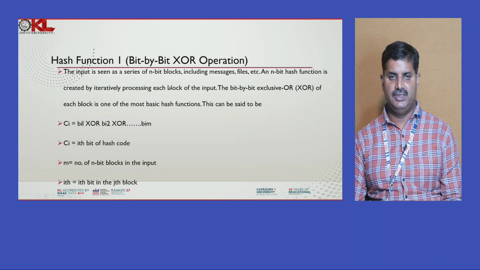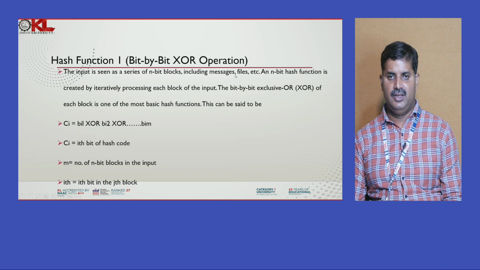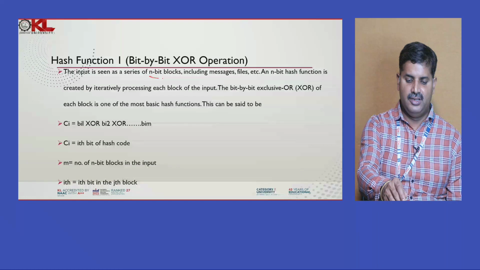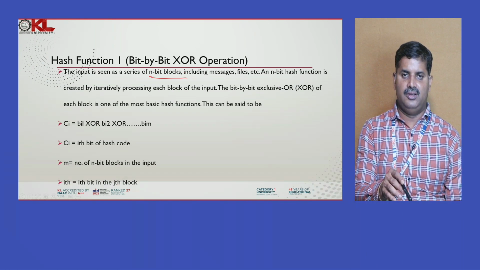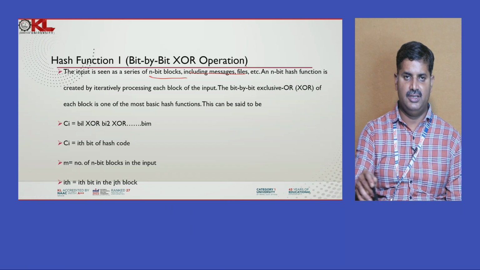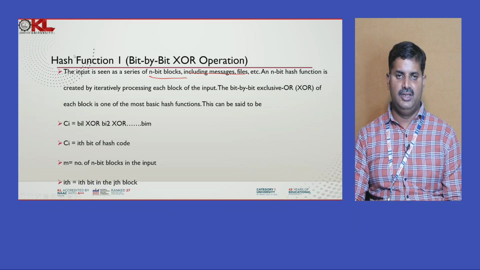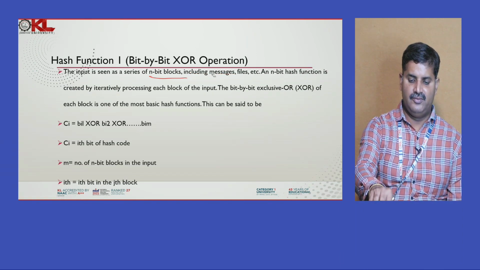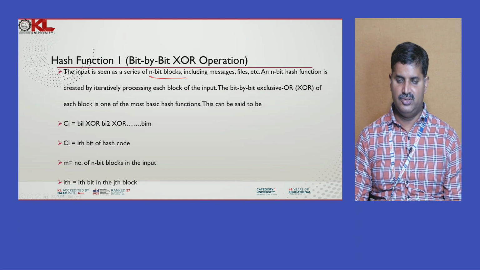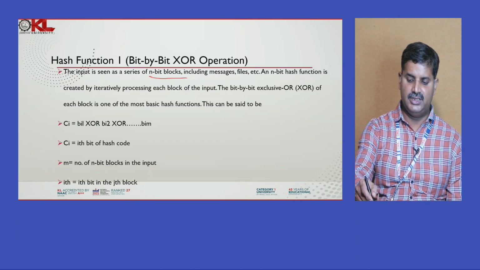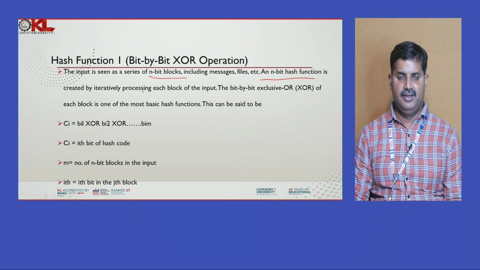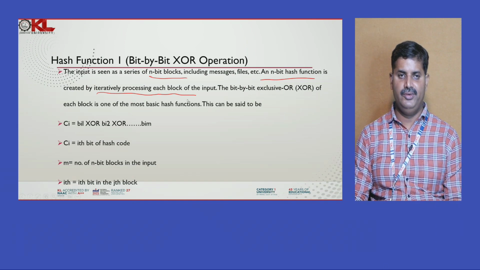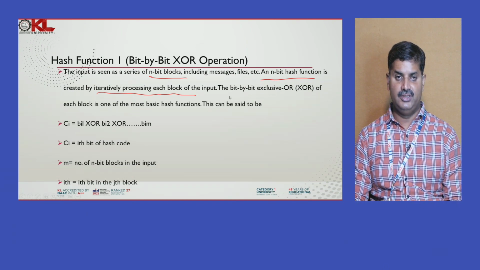Here the input is seen as a series of n-bit blocks, including messages, files, etc. So an n-bit hash function is created by iteratively processing each block of the input. How is it iteratively processing each block?